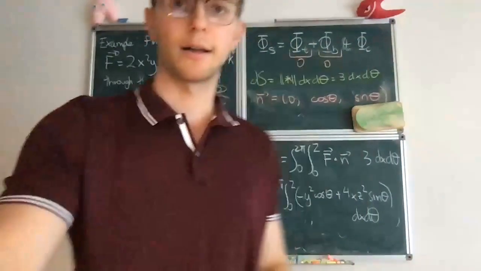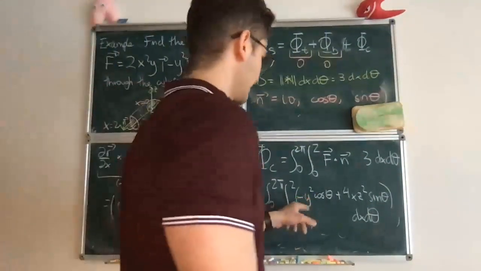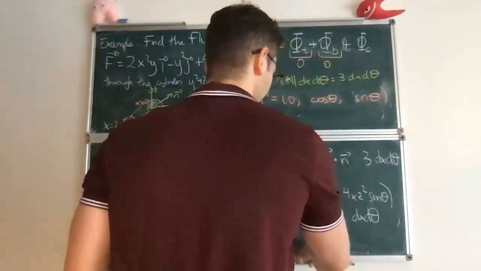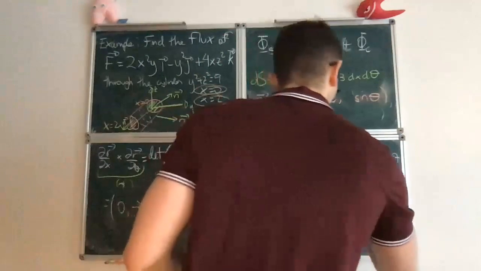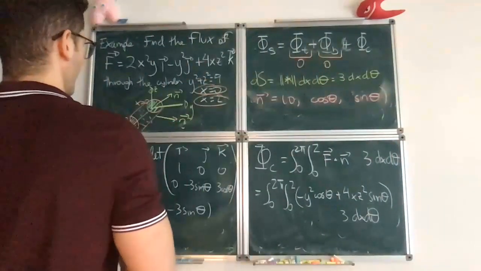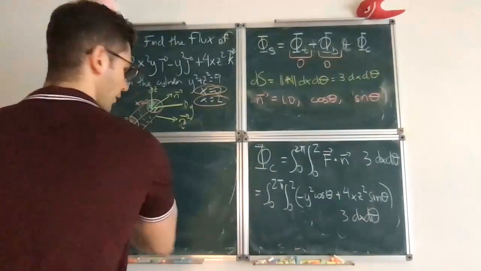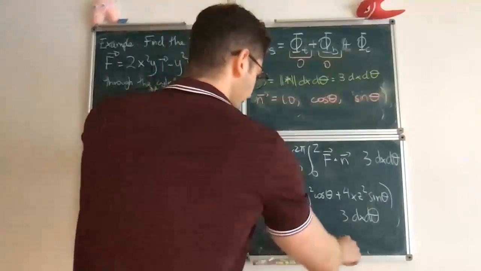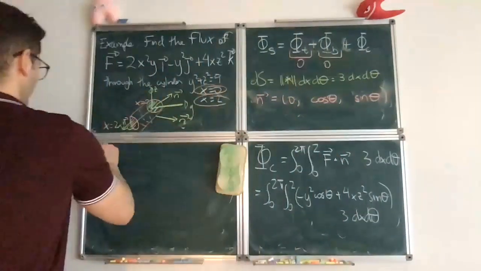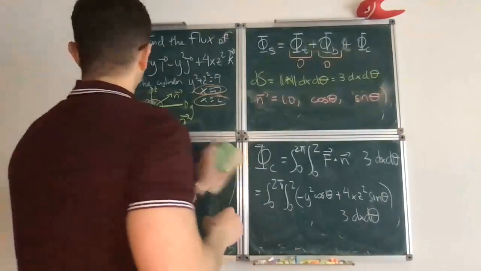But then you have to remember that on the cylinder, there's a 3 that I forgot here. You have to remember that on the cylinder y equals 3 cosine of theta and z equals 3 sine of theta, so you get the integral from 0 to 2 pi from 0 to 2 of what?